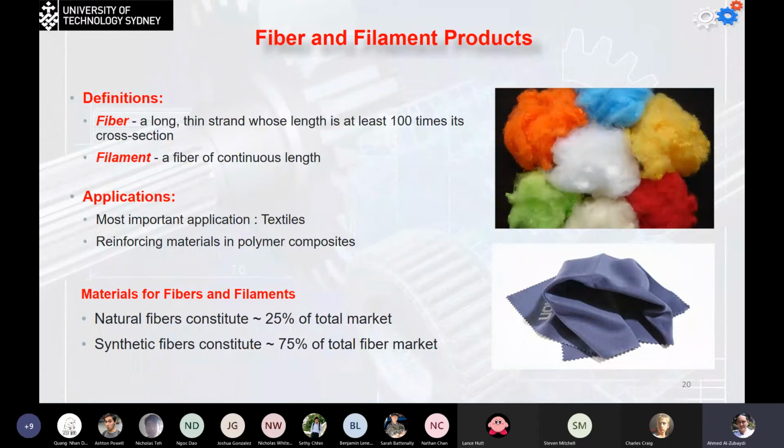That's why if you take a cross section of the tire, you will find different types of reinforcing inside, including fibers and filaments, and also some wires.